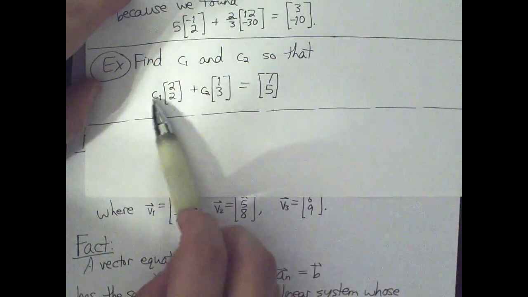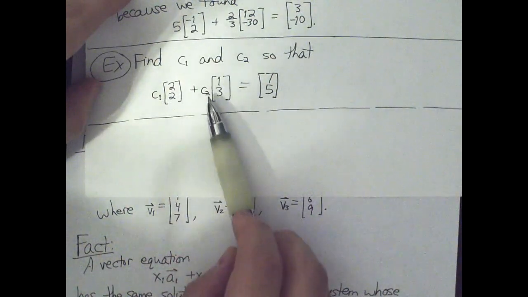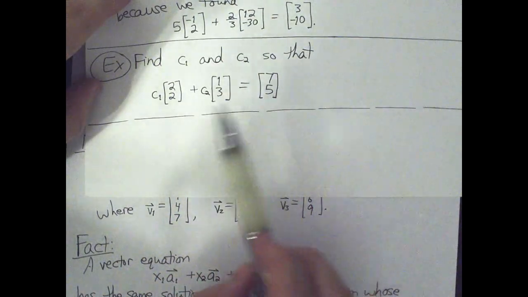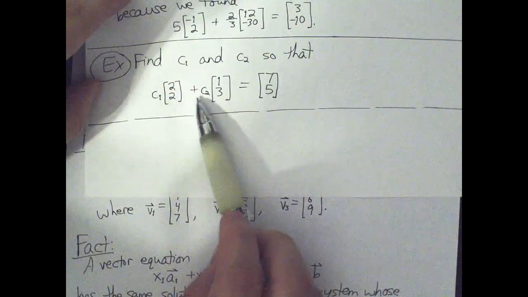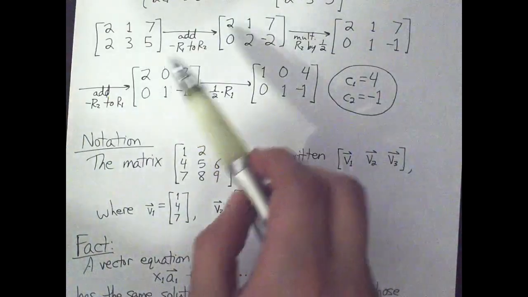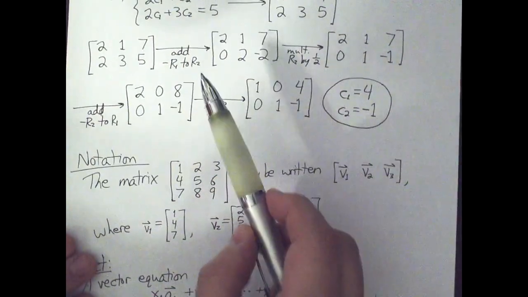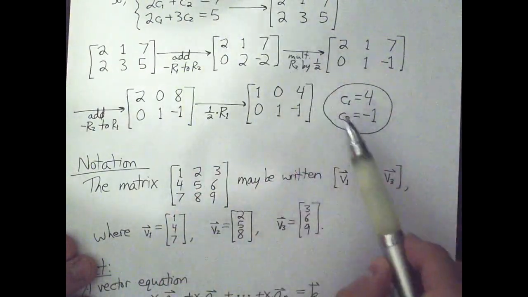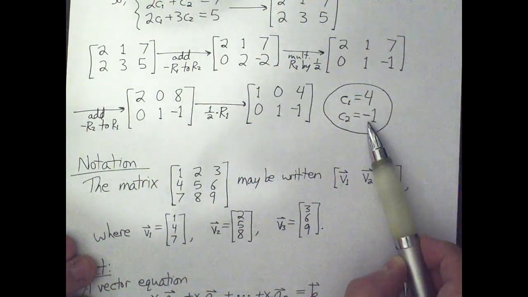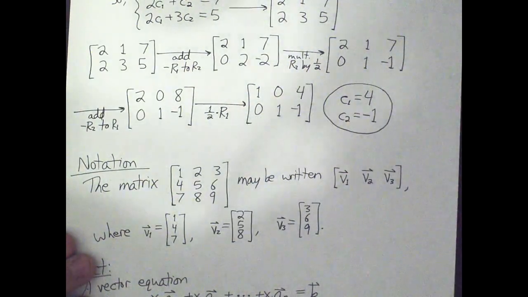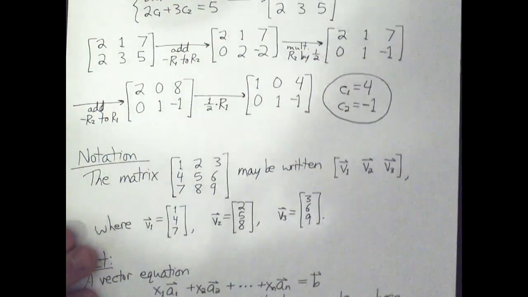And it could turn out that maybe there are no weights that make this work. Maybe 7, 5 is not a linear combination of these two. It depends on whether or not we found C1 and C2. We turned the problem into the problem of solving a system. The system did have solutions. Therefore, that vector 7, 5 is a linear combination of the other two.